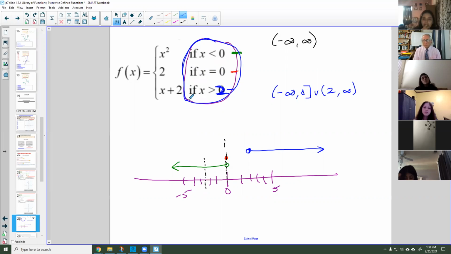Mr. Jenkins, could you repeat that? Could I repeat which? The step that we just did with the if x is greater than 2. Yes, sure. Joanna, you see how I have x greater than 0 is the green piece right here, right? And you see how x equals 0 is just that red dot, right?